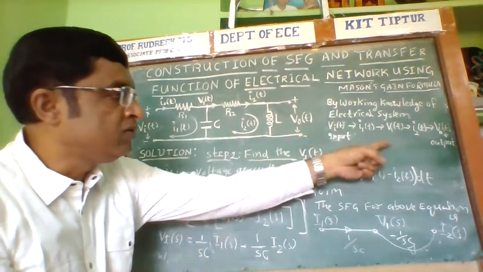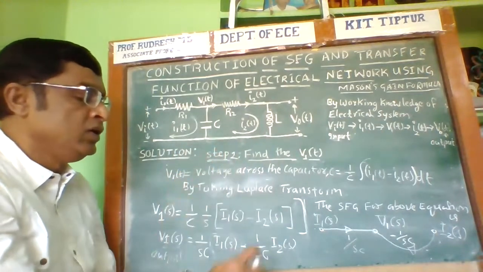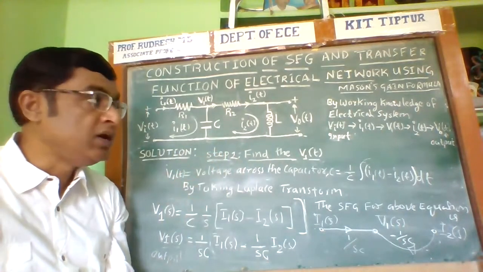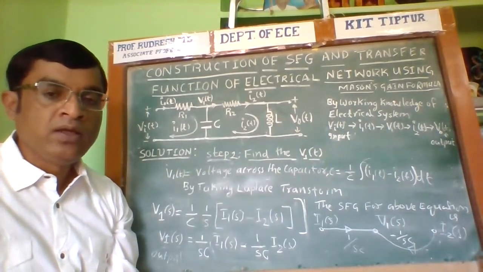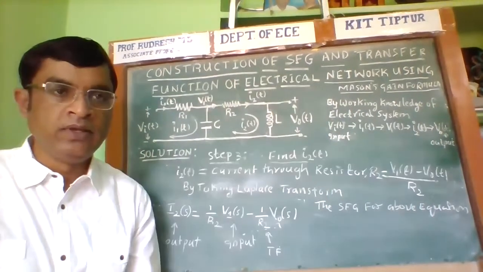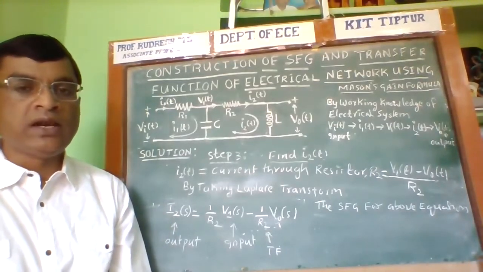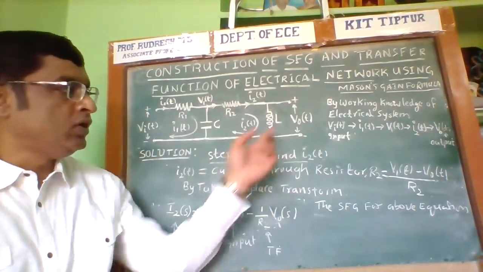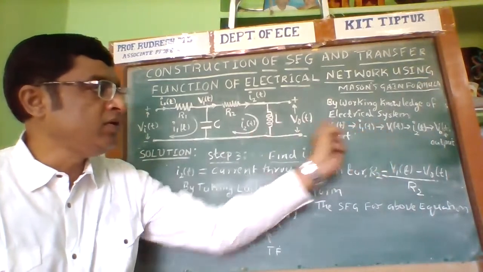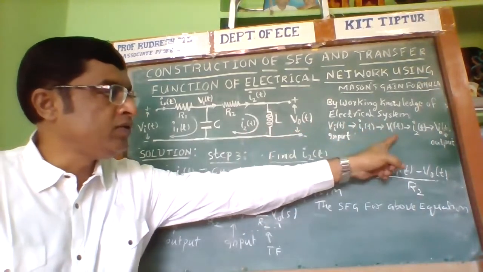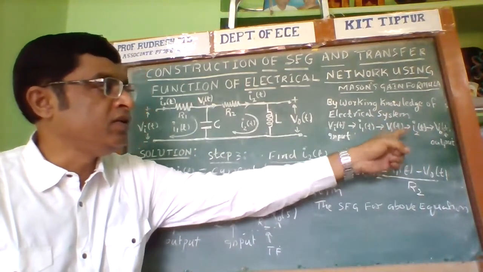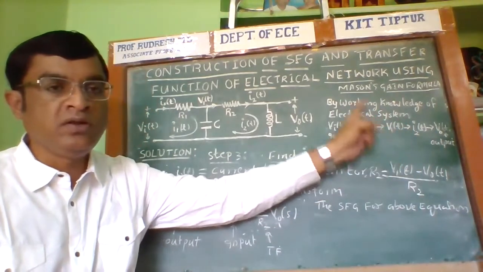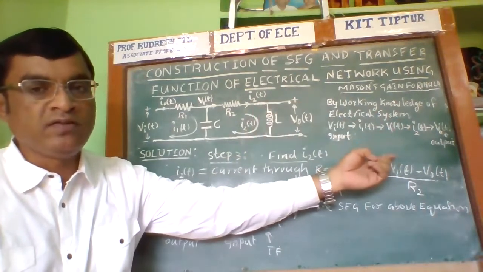So for the next step, in step 3, we go for calculating I2 of t. The output of the previous section is V1 of t, and the output of the previous section is the input for the current section.